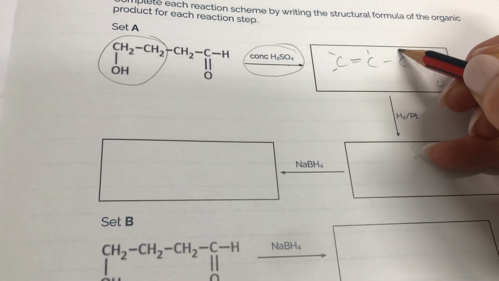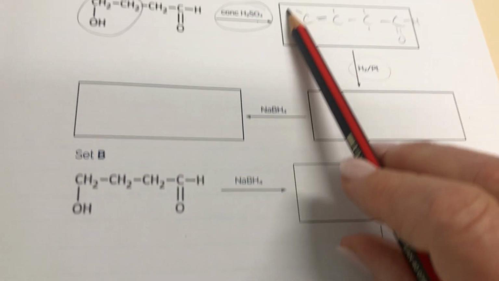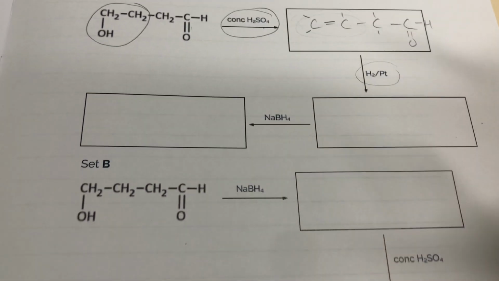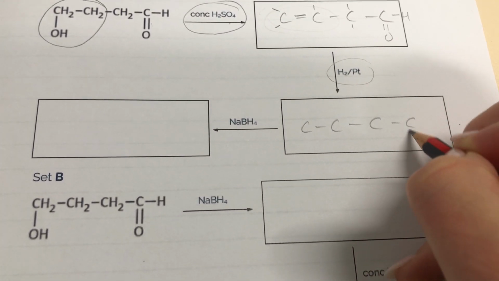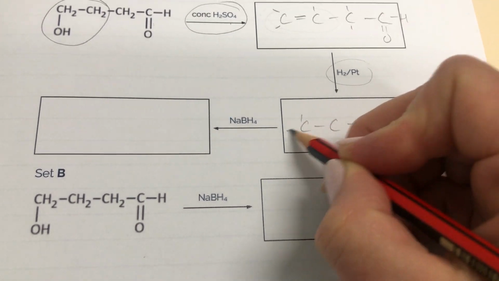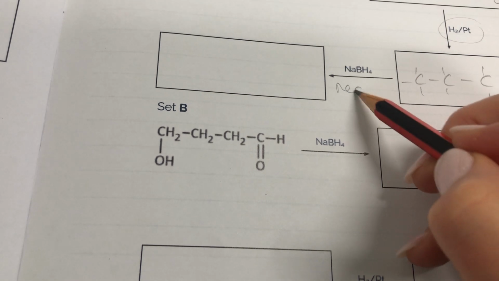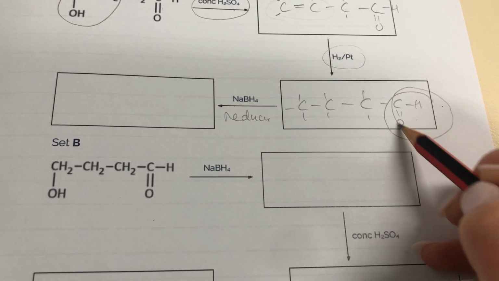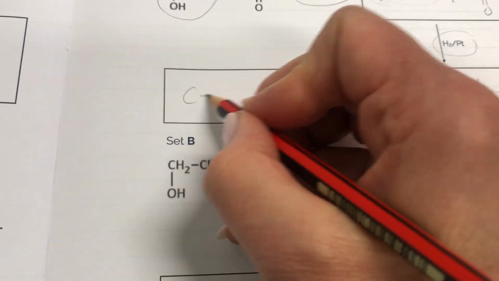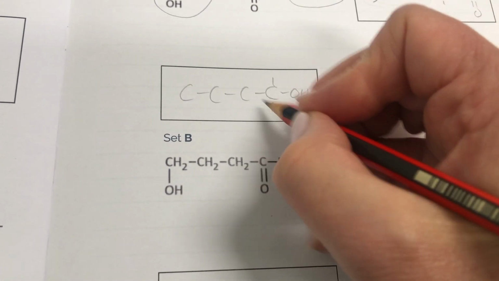So there. Adding hydrogen is going to put hydrogen in across this double bond. So we're just going to end up with our aldehyde. And NaBH4 is our reducing agent. So it's going to reduce this to an alcohol, sticking with our 4 carbons and ending up with an alcohol. Okay, so quite a few of you got that.